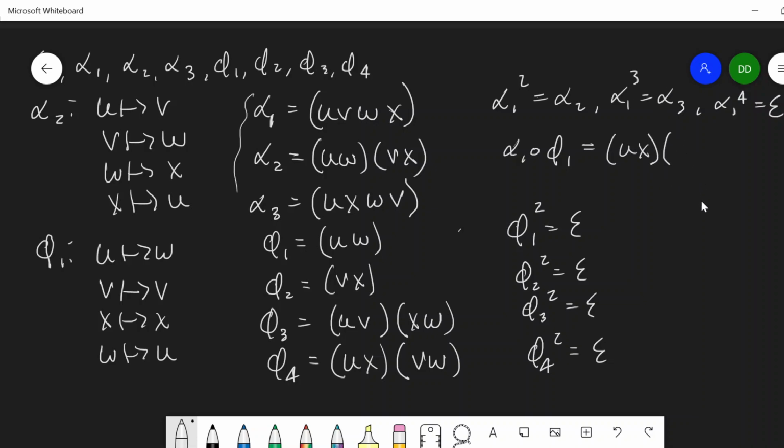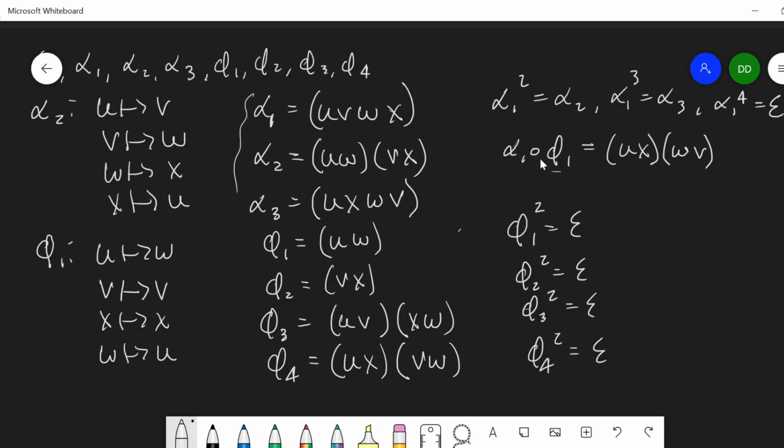All right, cool. How about W? What happens with W? So theta 1 is happening first. W gets sent to U, and then U gets sent to V. So W gets sent to V, and then V will have to be sent back to W, and we can check that, make sure we did it right. V is fixed by theta 1, and then V gets sent to W by alpha 1.